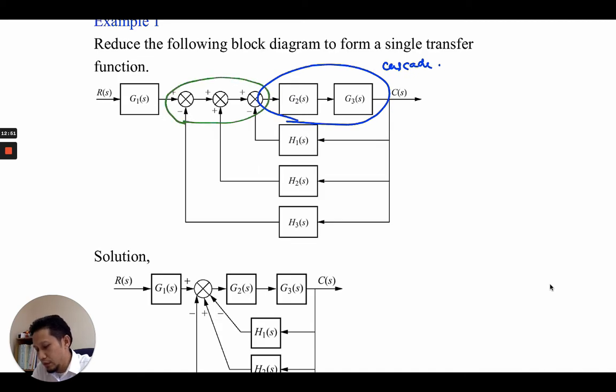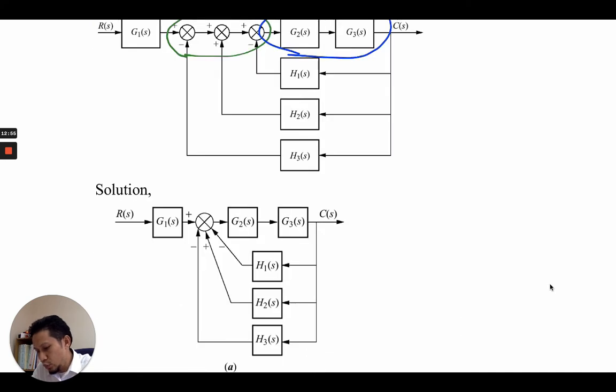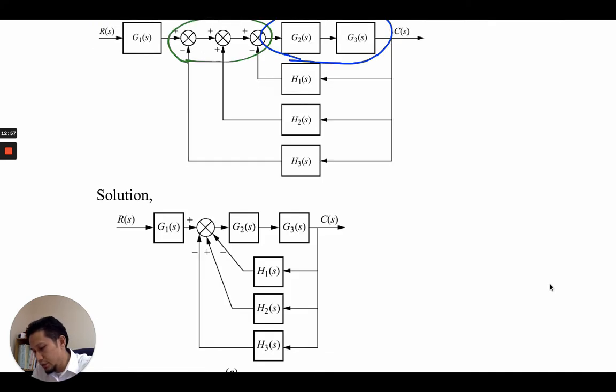So we can simplify the summing junction. Let's take note of the signs over here. So this is minus, plus, minus. So here as well, minus, plus, minus. Okay.